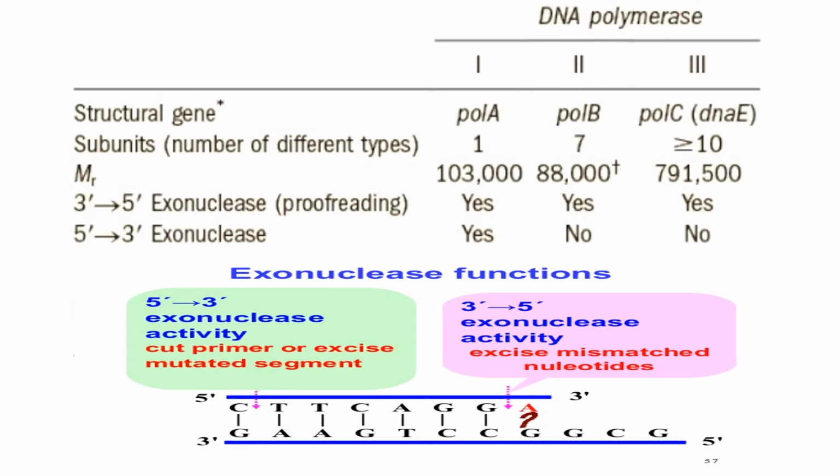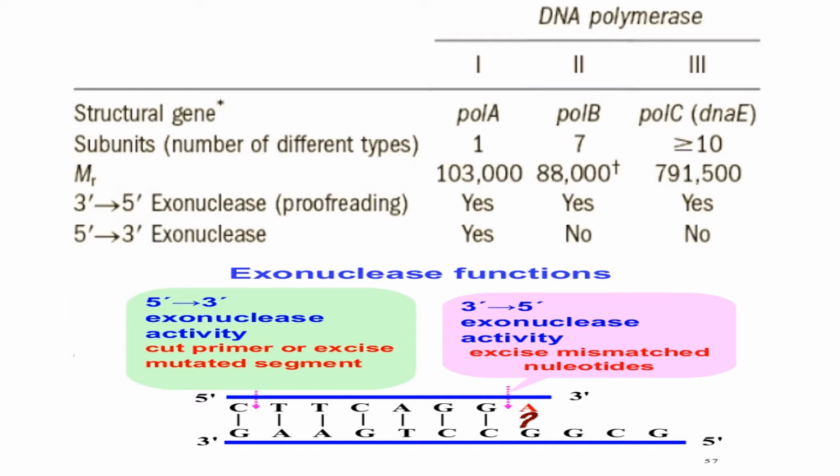Here the comparison of all the DNA polymerases is shown. Their genes are shown as pol A, pol B and pol C or dnaE in the form of genetic expression. You have to write them in italics. Their main exonuclease activity, that is the proofreading, is present in pol 1 and pol 2 as well as in pol 3.